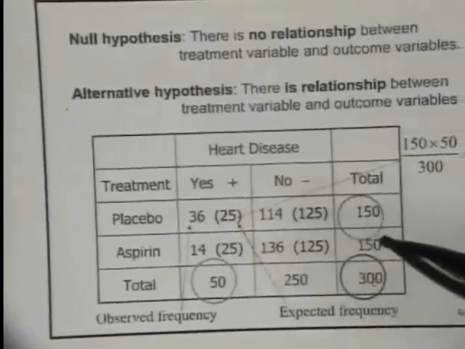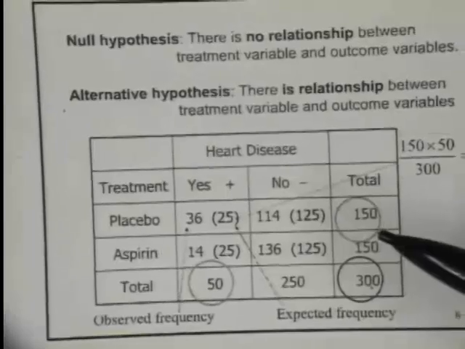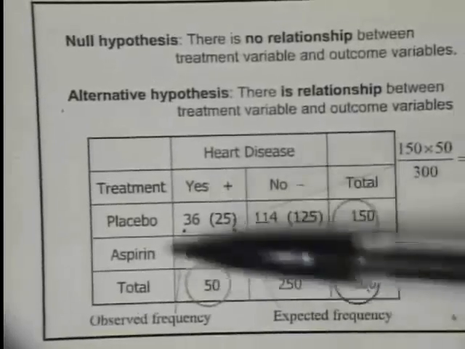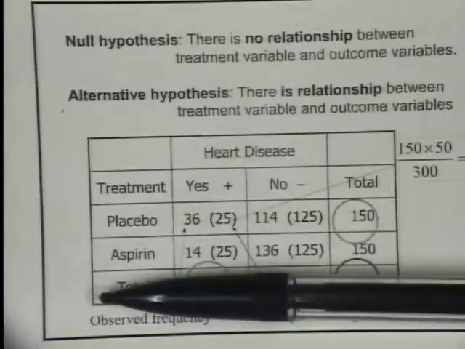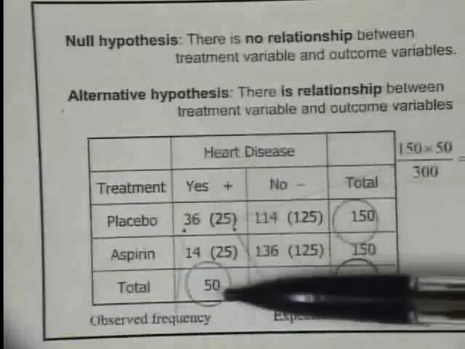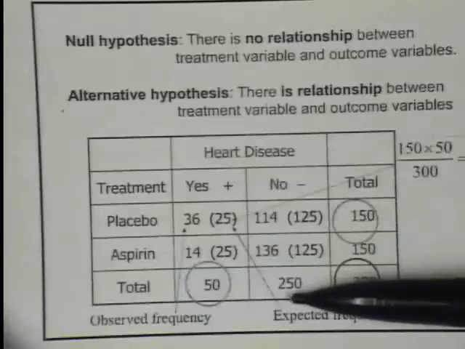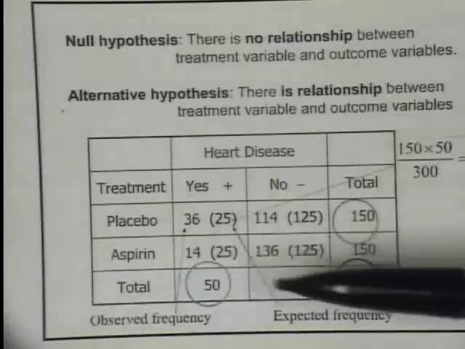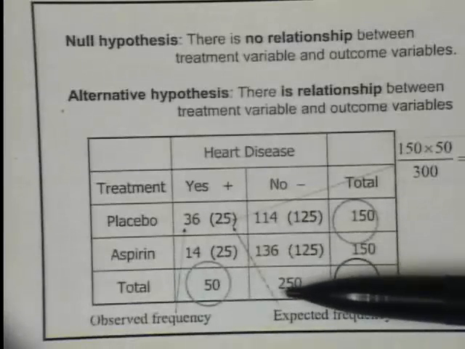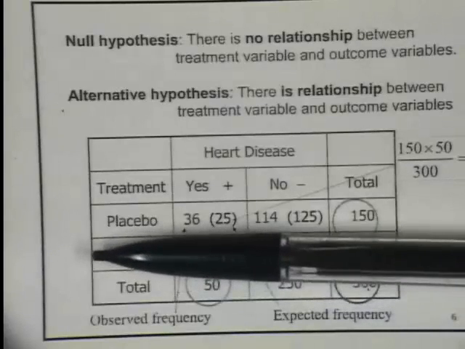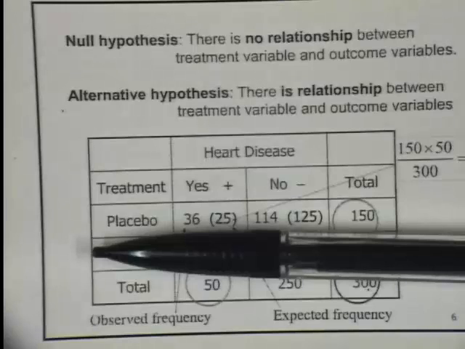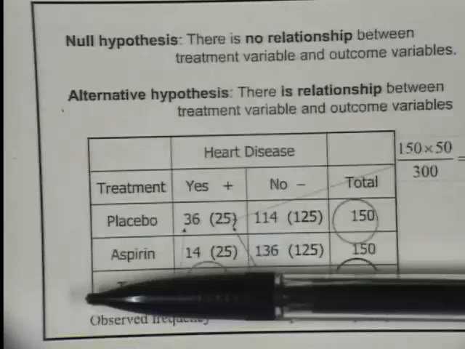If the null hypothesis is true, the outcome distribution for placebo and aspirin should be about the same. If you look at the overall proportion, it's 50 and 250, so for having heart disease or not, it's 1 to 5. If there's no correlation, we expect the outcome distribution for the placebo group to be 1 to 5, and for the aspirin group also 1 to 5.